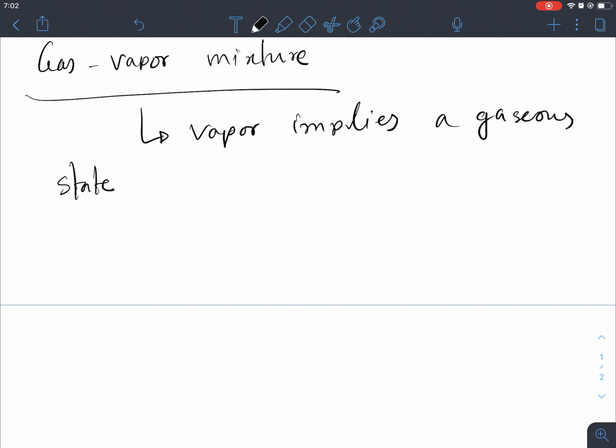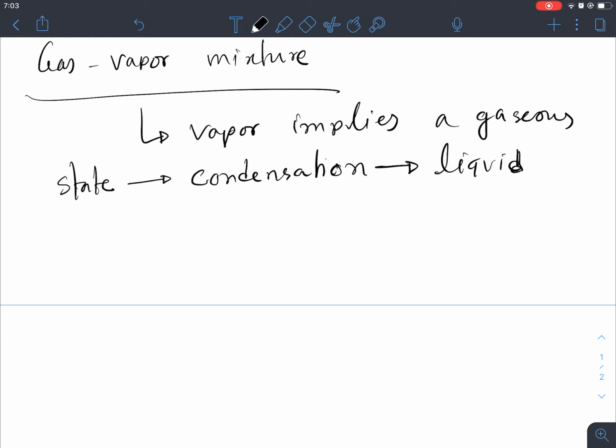Now if we decrease the temperature of the vapor, we will see that condensation happens, right? Due to the condensation it becomes liquid, or that vapor is basically converted to a high moisture content.